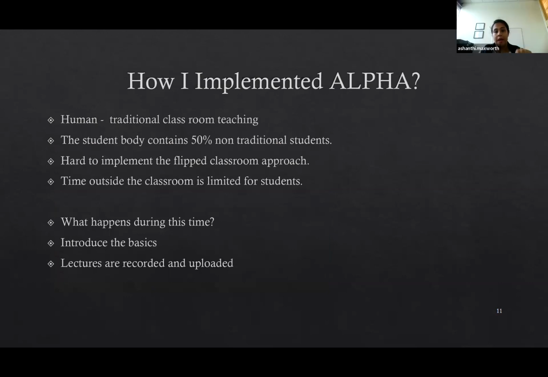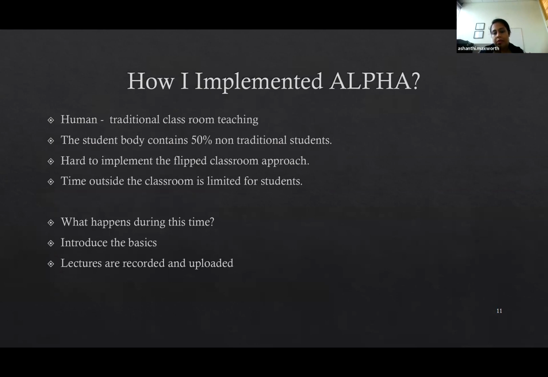Yeah, so I'm going into more detail on each component. In this case, the human component is the traditional classroom teaching. And one thing I implemented is that at some point I tried the flipped classroom approach, where the students are required to watch a video before coming into the class.